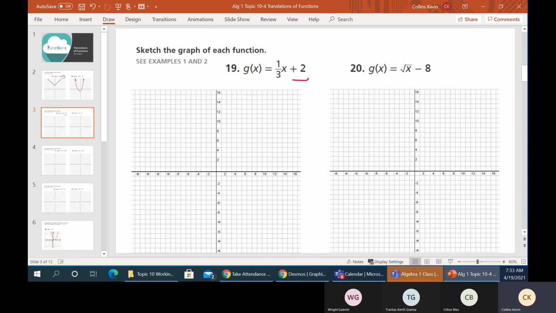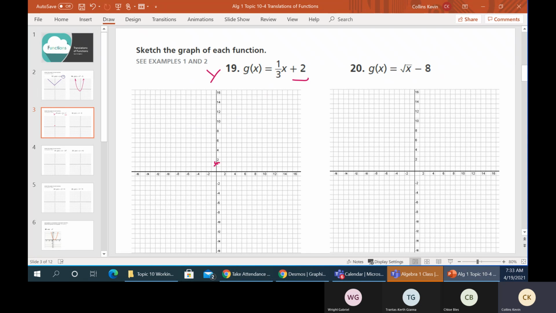And this number is always on the y-axis, the vertical axis, okay? So even before we know what our graph looks like, we know that the +2 means we're going to move up 2. So we're going to start right here at 2. I'm trying to hit it here. This is why I use Desmos all the time.